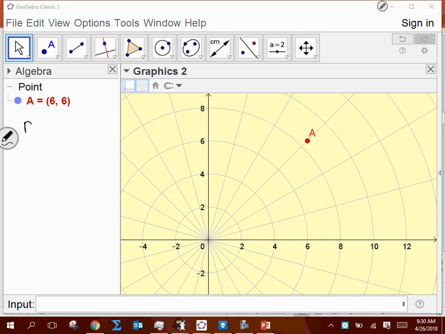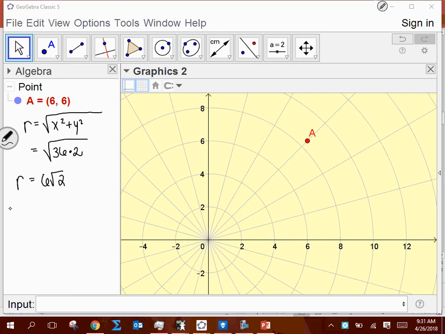So R is going to be the square root of x squared plus y squared, right? X squared would be what? 36. Y squared would be what? 36. Would you guys agree that that looks like the square root of 36 times 2? I think it makes more sense to write it that way than to change it to 72. Because what's the square root of 36? 6. So it makes sense that your radius is 6 radical 2?